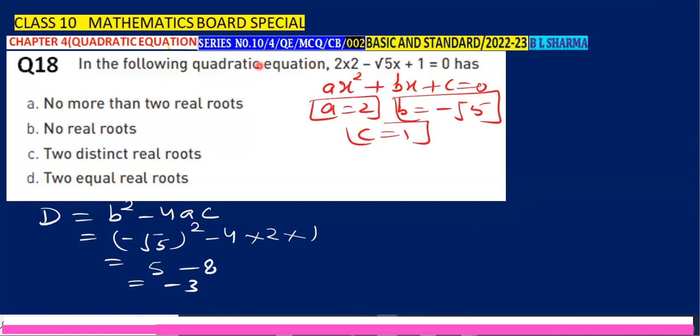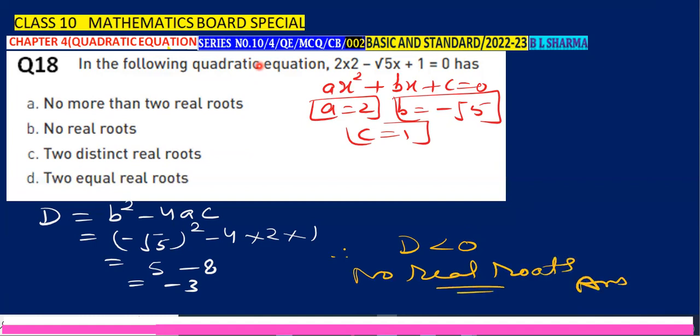So since discriminant is negative, less than 0, therefore no real roots. And that is the answer, means B is the करेक्ट आंसर. डिस्क्रिमिनेंट जब नेगेटिव हो मींस लेस देन जीरो हो तो उस क्वाड्रेटिक इक्वेशन के रूट्स रियल नहीं होते हैं, रूट्स आर इमेजिनरी. दैट इज व्हाई बी इज द करेक्ट ऑप्शन हियर.